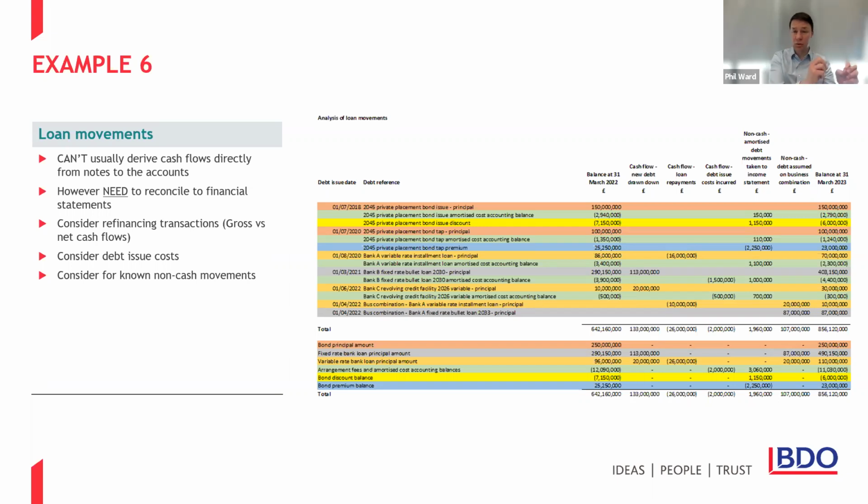So there's an initial fair value adjustment in relation to your debt, and the release of that is a non-cash item. And also, the second column from the right is cash assumed on a business combination. Again, that would be a non-cash item that you need to not reflect in your cash flow statement. We will touch shortly on how that ends up being presented in the accounts.